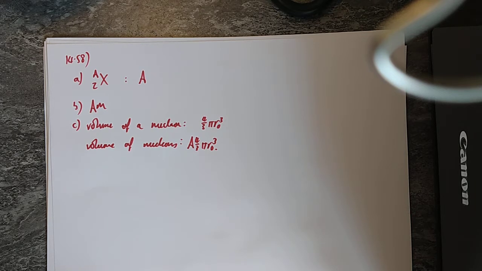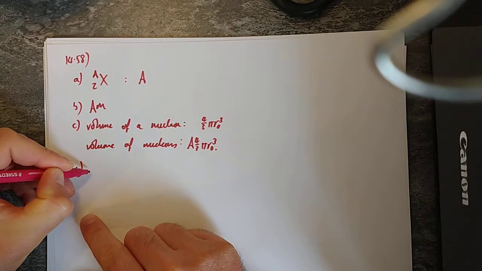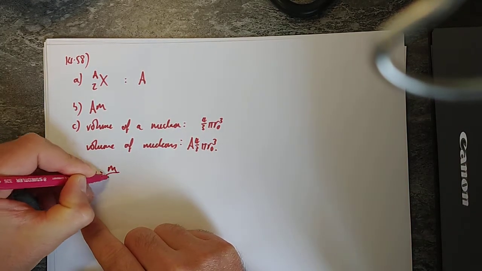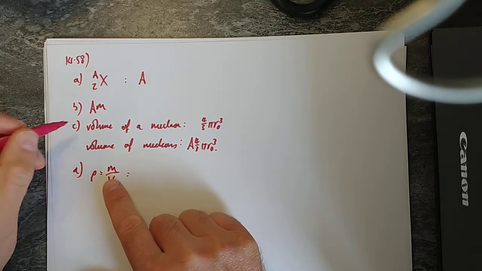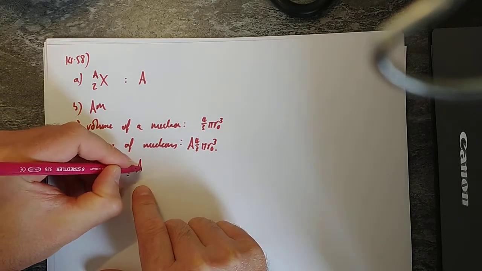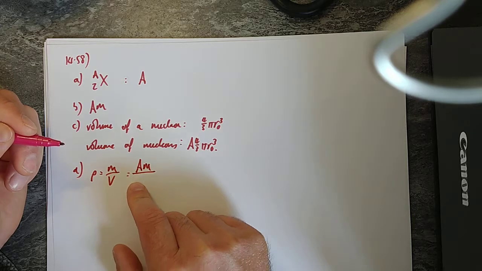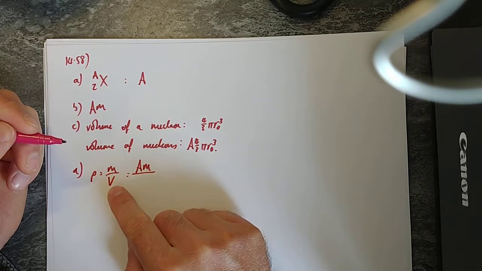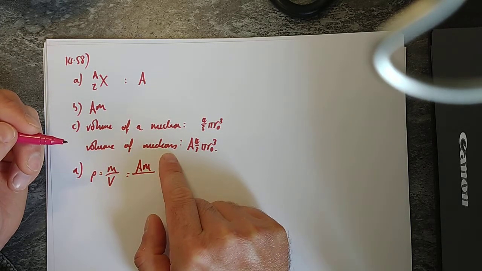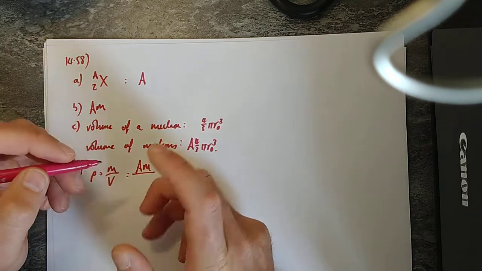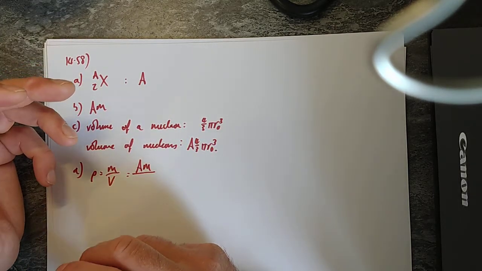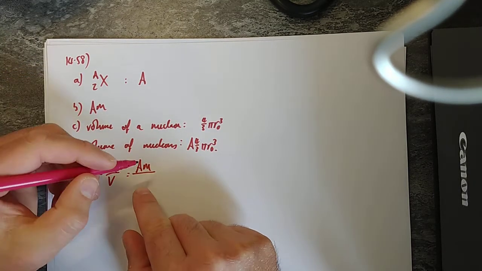The volume of the nucleus will be similar to the sum of the volumes of the separate nuclei. So we're going to write down an expression for the density. So density is equal to mass divided by volume. Now the mass of the nucleus, we've calculated that in B, which is Am. Now the assumption we're making is the volume of the nucleus is the same as the volume of all the nucleons, of all the protons and neutrons. So we're assuming there's no gaps here, which is what we did in the lesson the other day.